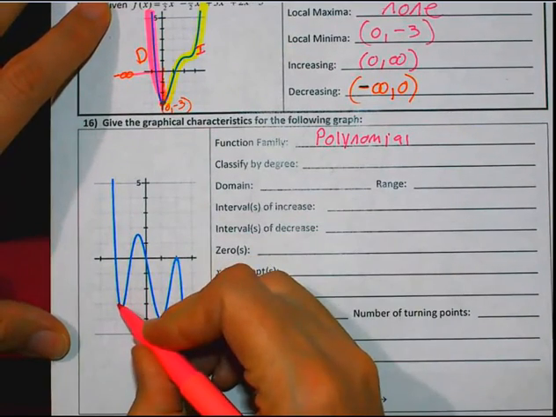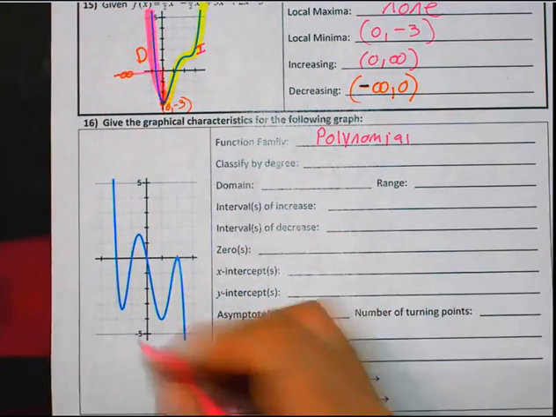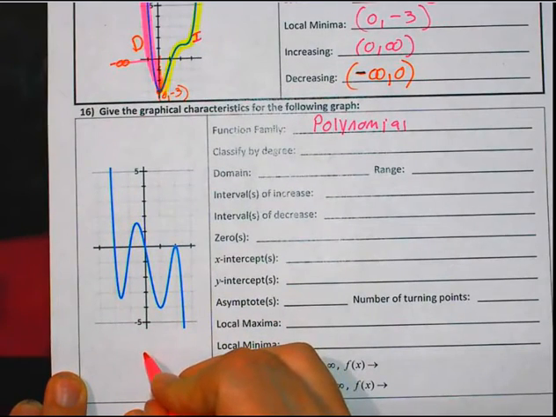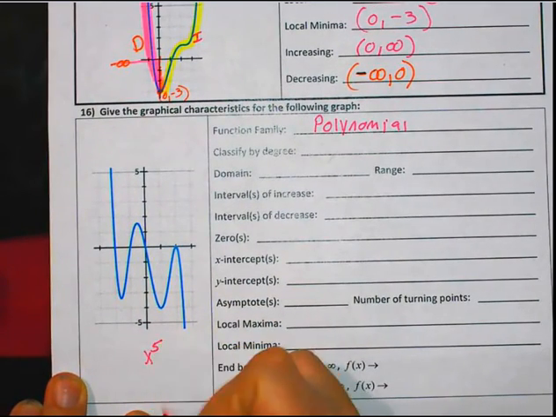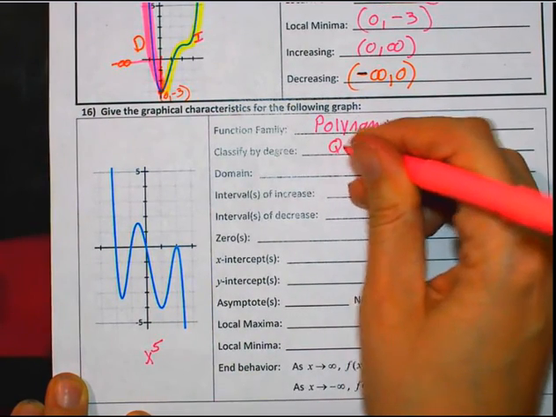So let's look at the turning points. I have 1, 2, 3, 4 turning points, which means that if it has 4 turning points, that has to be x to the 5th. Well, x to the 5th, classified by degree, we call that quintic.